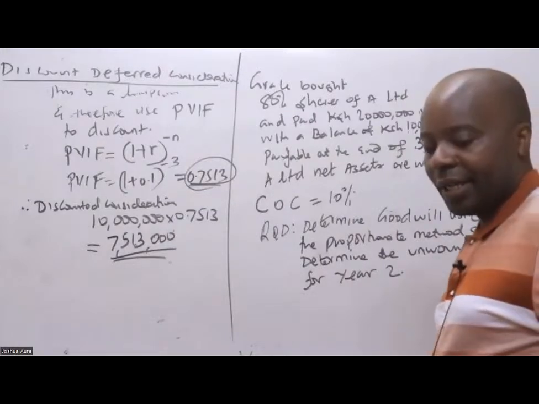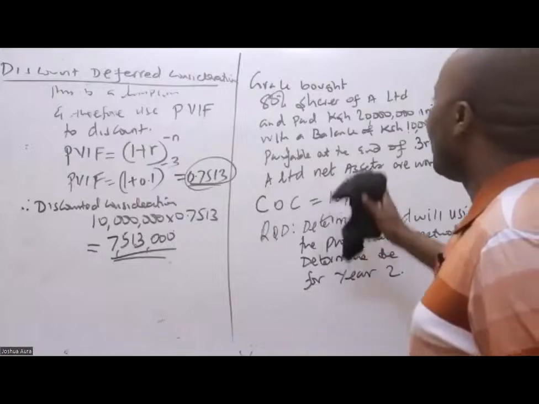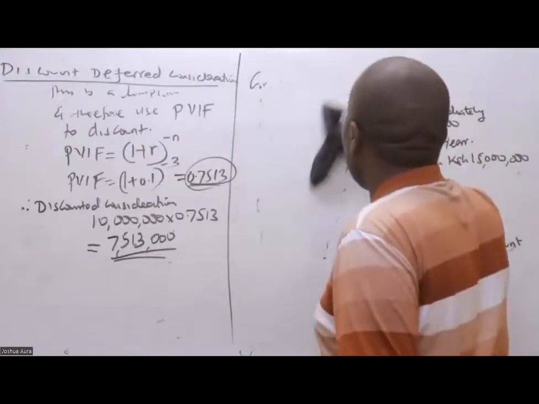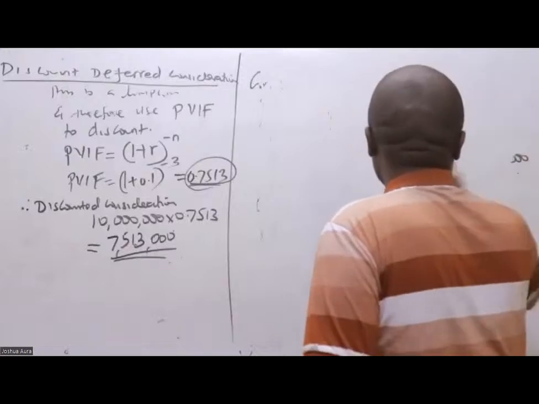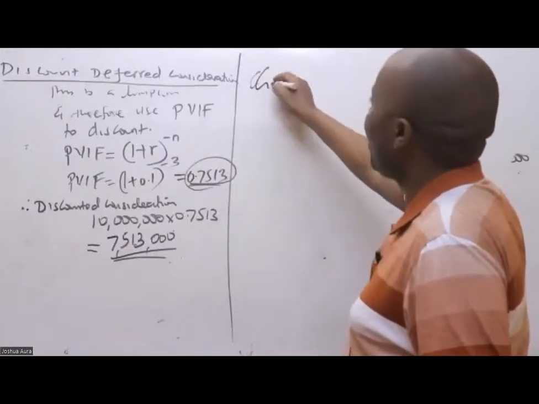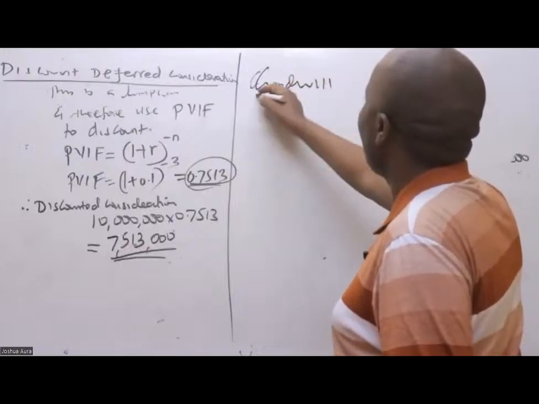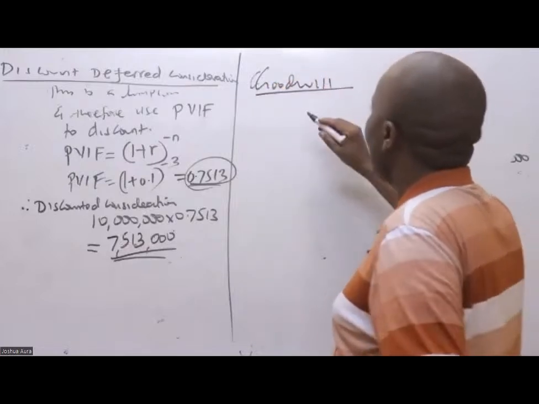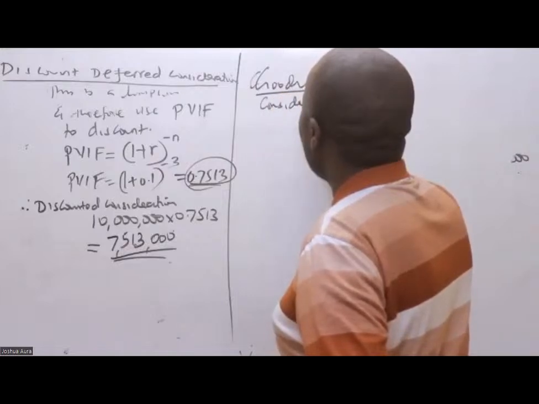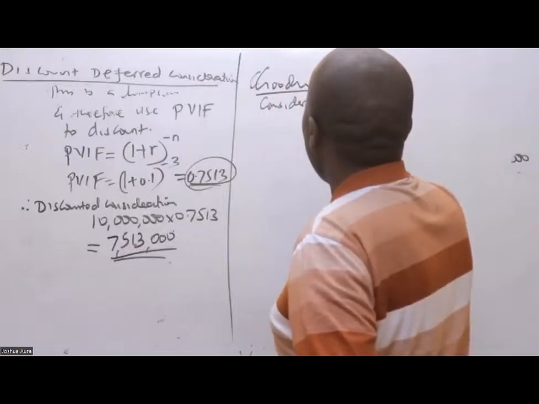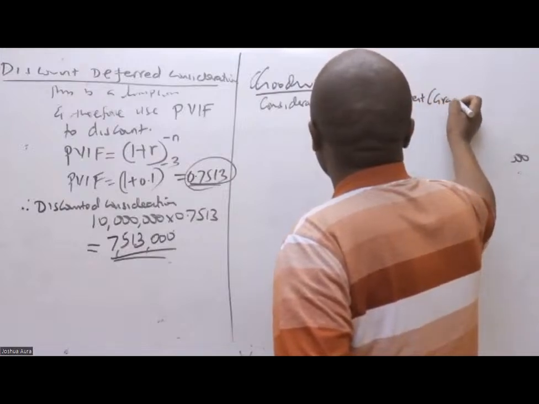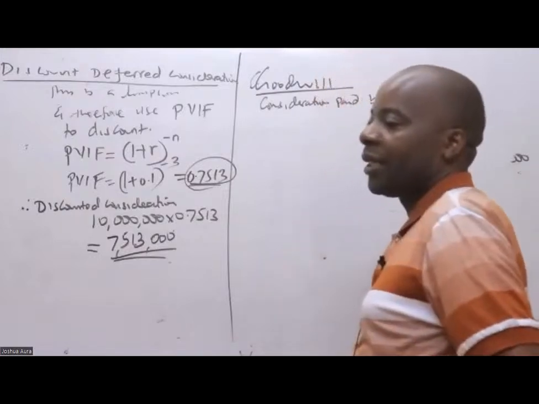All right. Now, ladies and gentlemen, this is what we have as my goodwill using the proportionate method. I will have here the consideration paid by the parent, who is Grace.